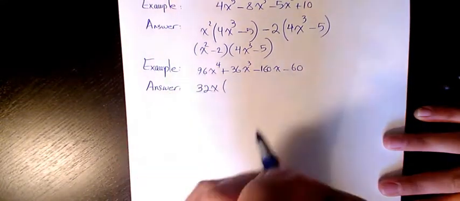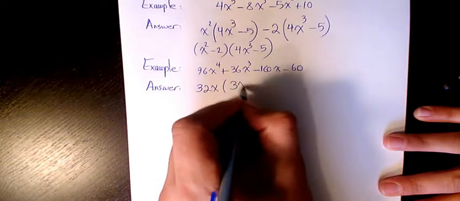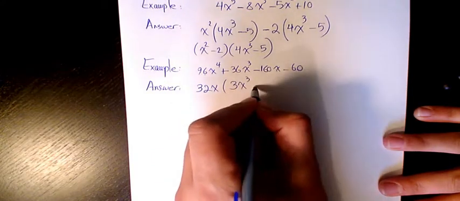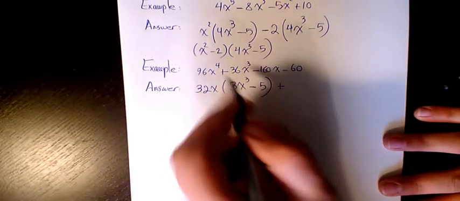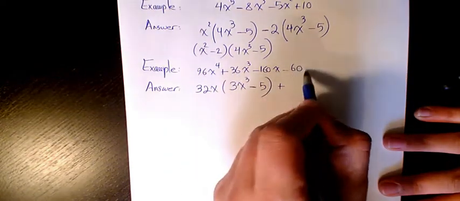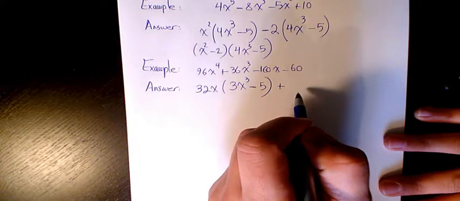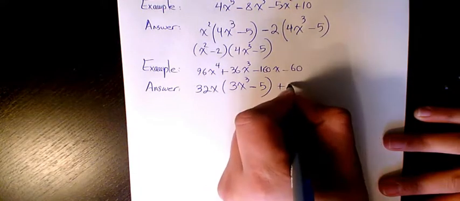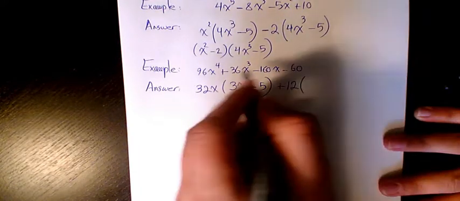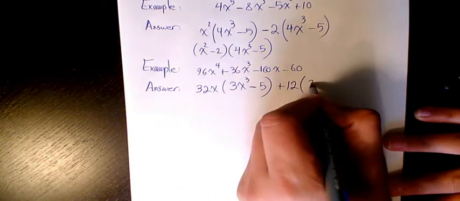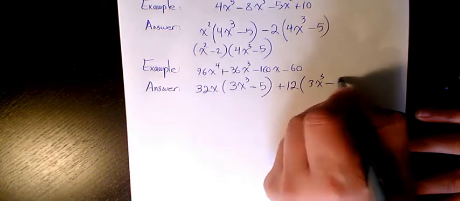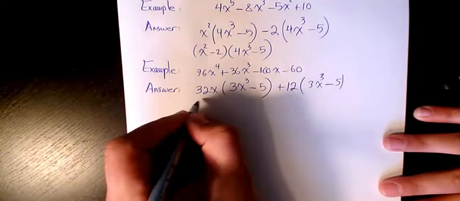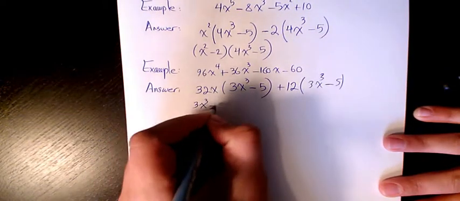So 96 divided by 32 is 3, giving 3x cubed. Here we have negative 5. And then here, 36 and negative 60, it's going to be 12. I factor 12. 36x cubed divided by 12 is going to be 3x cubed. Negative 60 divided by 12 is going to be negative 5. So I can factor 3x cubed minus 5.